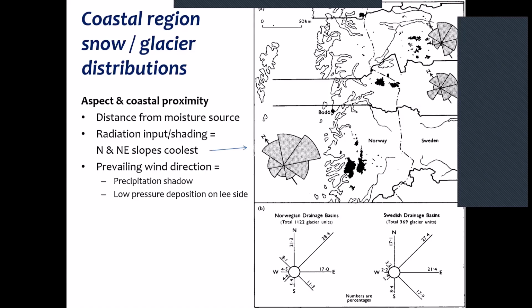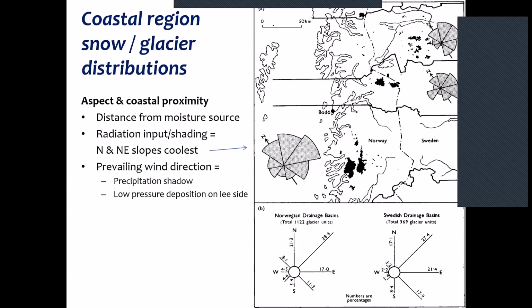So, in the springtime, when snow tends to melt, these areas are going to be shaded. So even though the air temperatures might start to get warm and be sufficiently warm to melt snow, they don't get direct radiation receipt. Because they're in shadow, the snowpack stays cooler, and the snowpack doesn't melt so much.